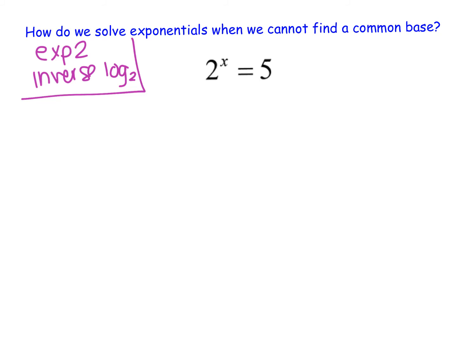So if you can get the exponent alone, just like where you can square root both sides or square both sides to undo squares or roots, we can do the same thing with an exponent. So here we have an exponent of 2 to the power of x. And my goal is to solve this equation. And I notice that I can't get common bases, so I can't just set the exponents equal.